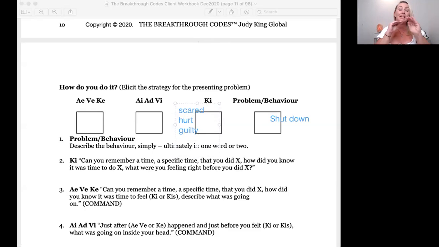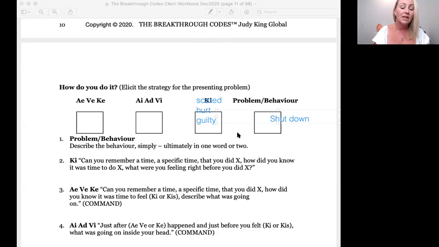However many they give you, you're writing that inside the box. What we're doing is cutting all of the content out, and we're accessing all of the negative emotions that we're going to be releasing for them and with them. So it's really powerful, and what that does is it ends up changing their strategy.